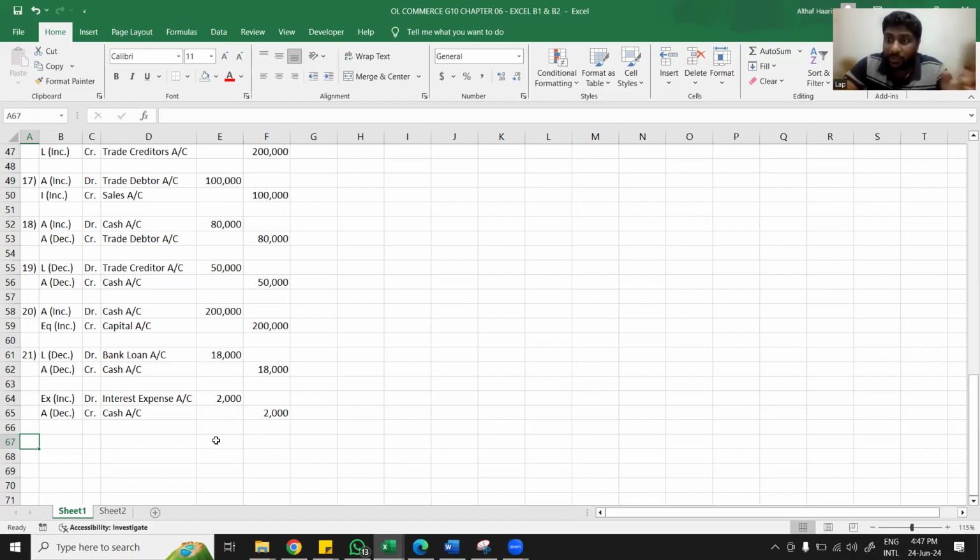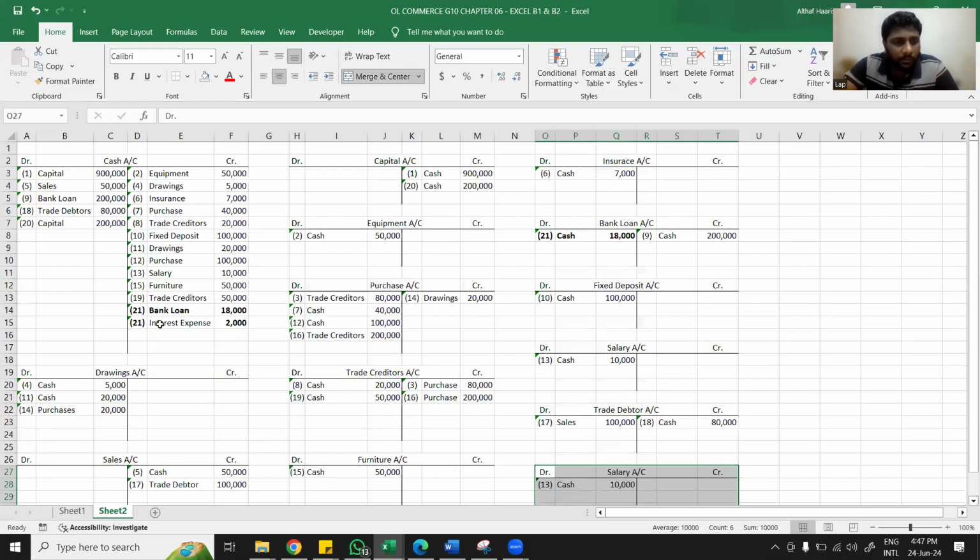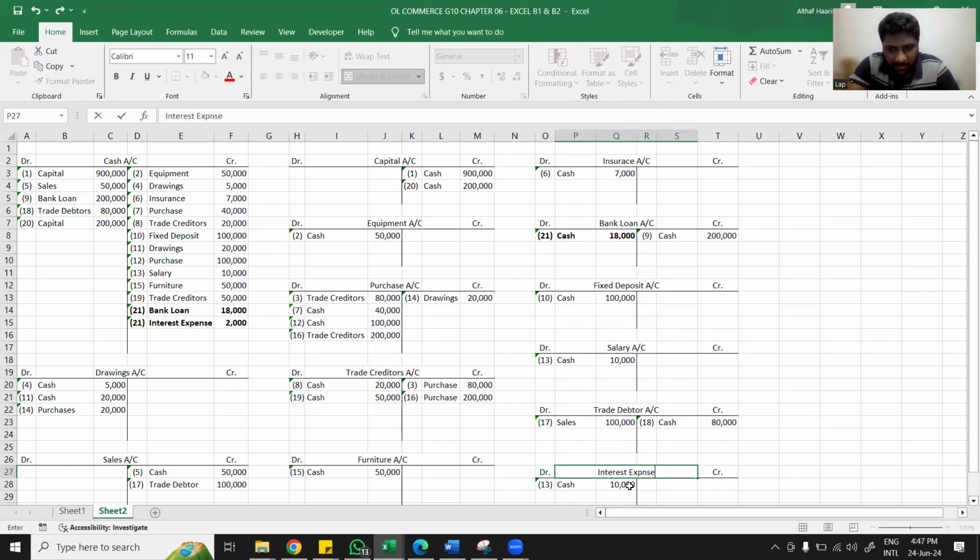So you have to show both the transactions separately. Interest expense account, 2,000.